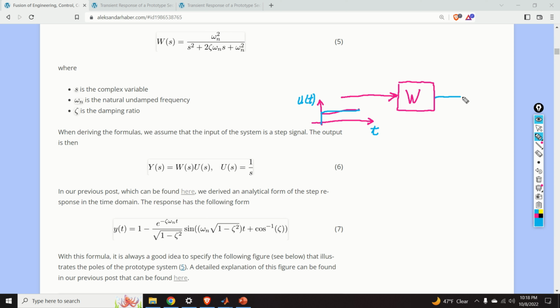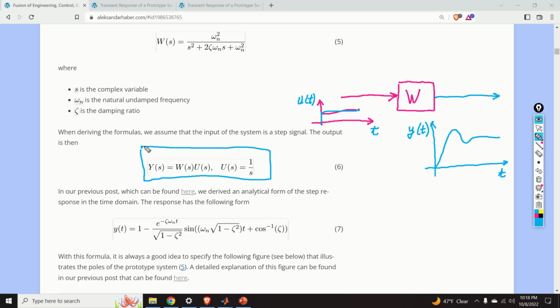And the output of the system for such a step input signal looks somehow like this. This is time, this is y of t. In the Laplace domain, the step response can be represented by the equation number 6.